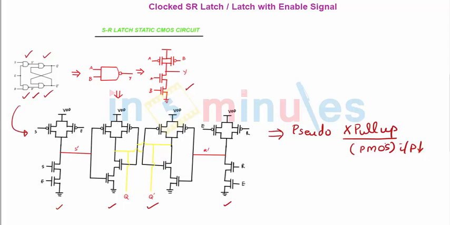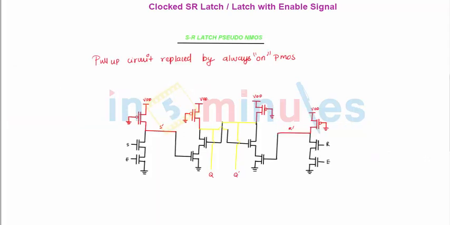Let's quickly do that. So this is the same circuit where the pull down remains the same, whereas the pull up is replaced by a PMOS transistor with its input grounded. So this is nothing but SR latch with an enable signal in Pseudo NMOS.